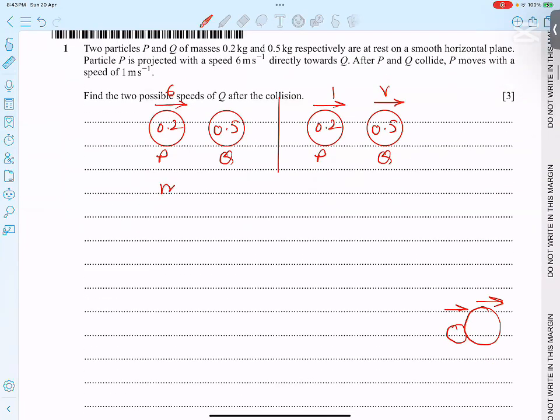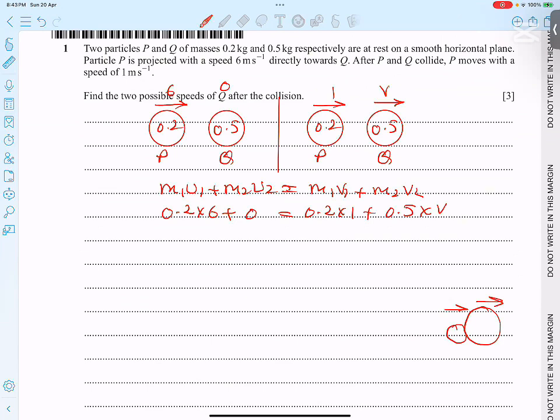Second option, so I'm discussing this one. The formula is m1u1 plus m2u2 equals m1v1 plus m2v2. Let's apply: mass 1 is 0.2, speed is 6, so 0.2 times 6. And there's a 0, because no motion, so I'm writing 0 only. Then 0.2 into 1, and 0.5 into V. So this will go there.